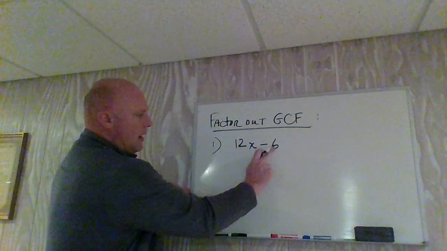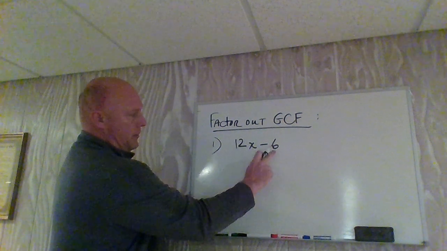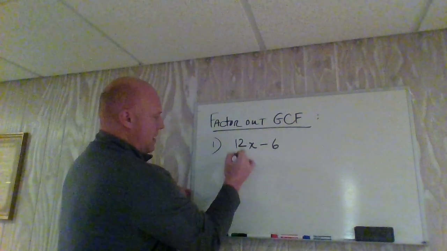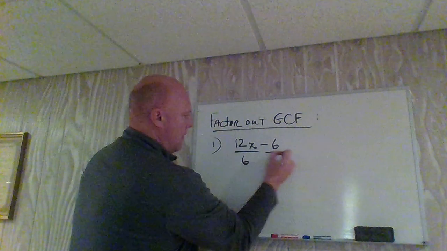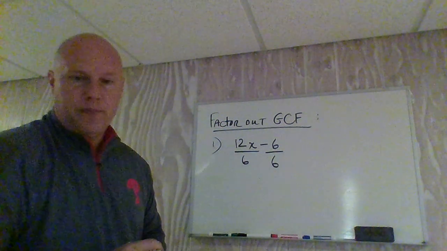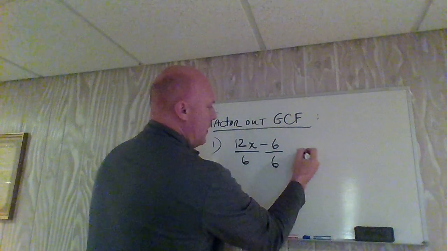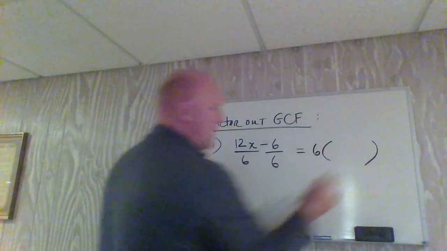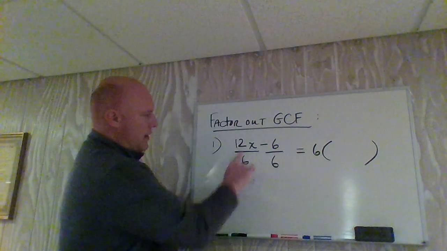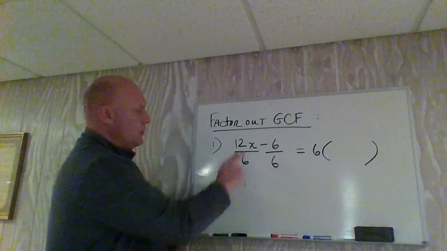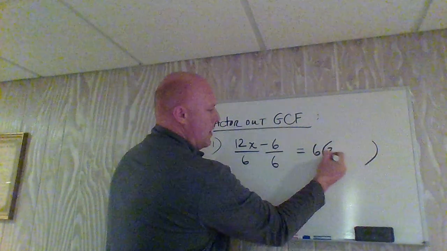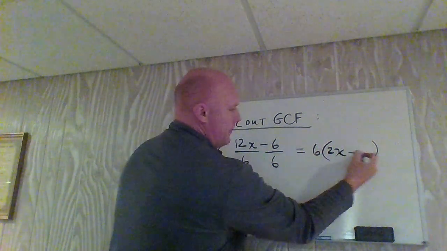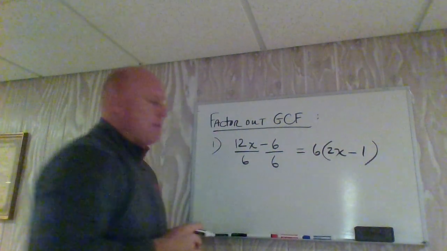The biggest number that both of these can be divided by evenly would be 6. If we take a 6 out of both of those terms, we're left with the greatest common factor, which is 6, and whatever we're left with after we divide each of these terms by 6. 12x divided by 6 would be 2x, and 6 divided by 6 would be 1, but we have this minus, so this would be minus 1.